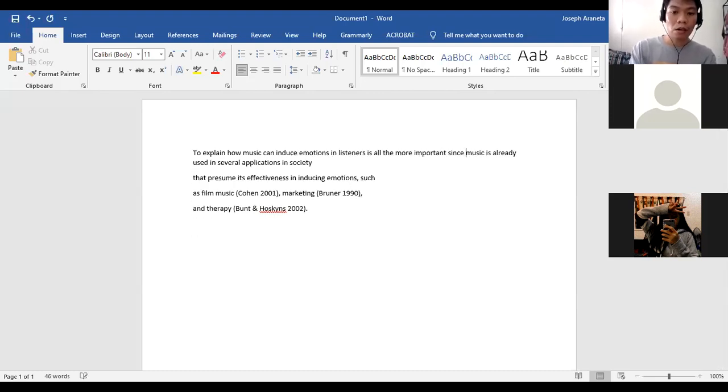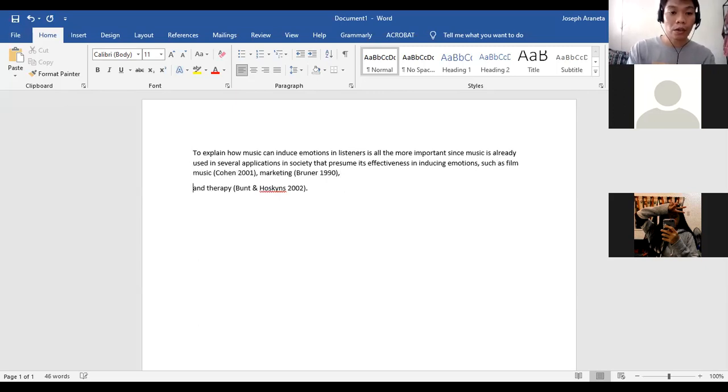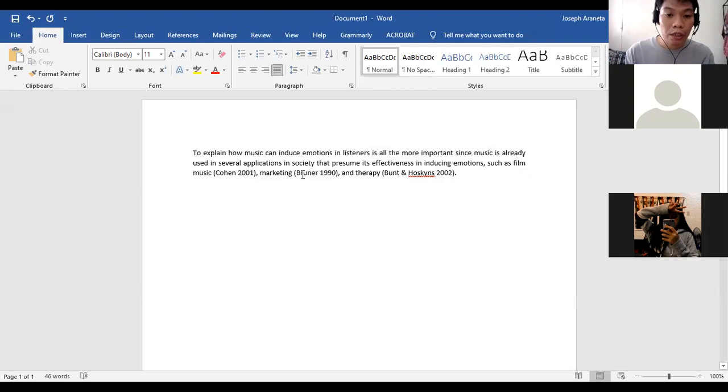Pag mag-cite ka og rated literature, kuha nimo sa isa ka article. Tapos secondary source lang siya. So you need to cite the specific author as the author who cited this theory or this rated literature.